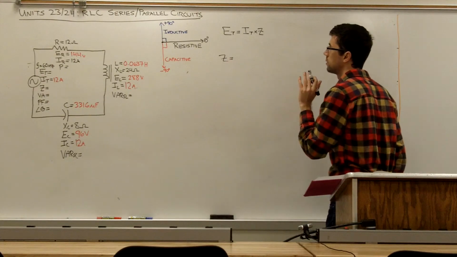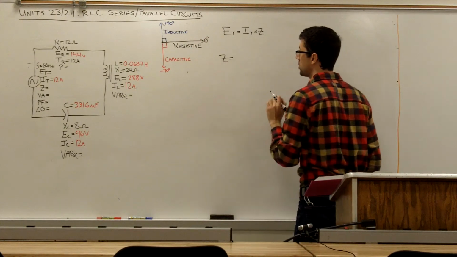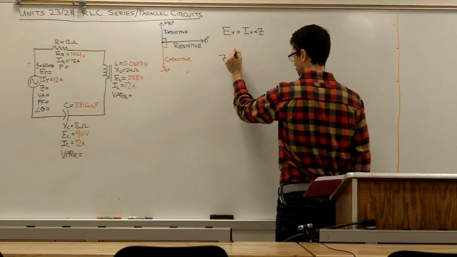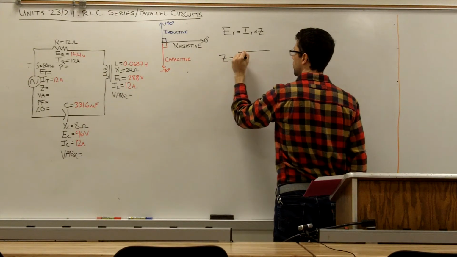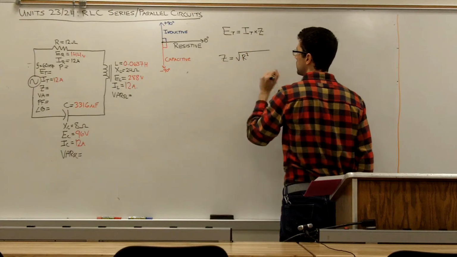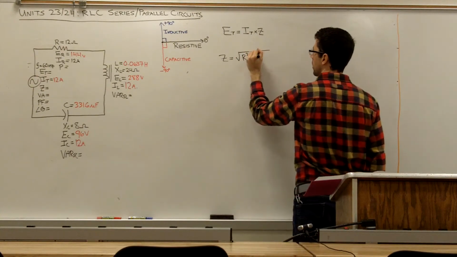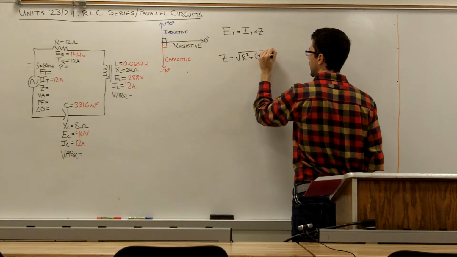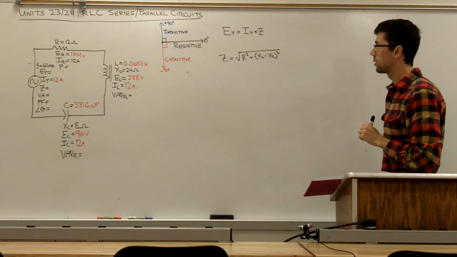So once again, we need to treat each of these individual values as vectors. So it's going to be something related to the Pythagorean theorem. Since we're going to be creating triangles, it's going to be R squared plus (X sub L minus X sub C) squared.